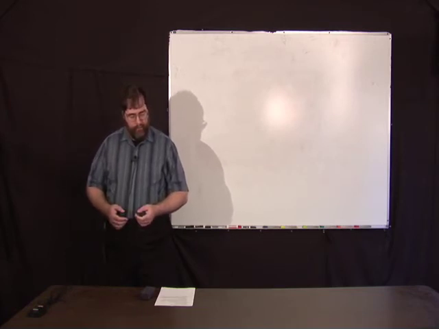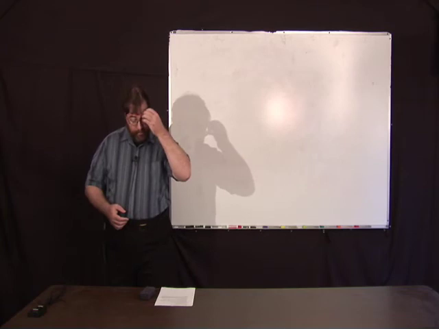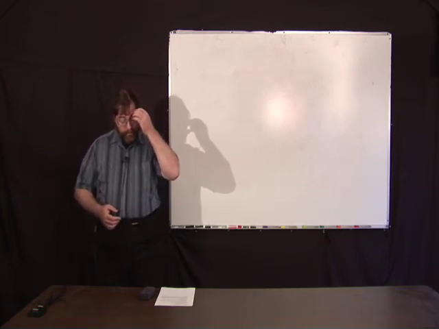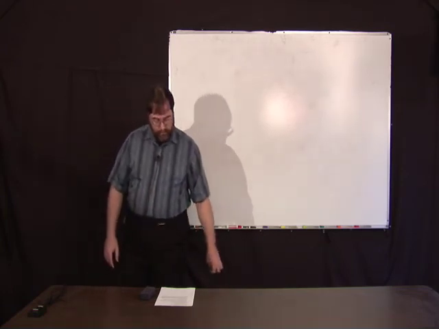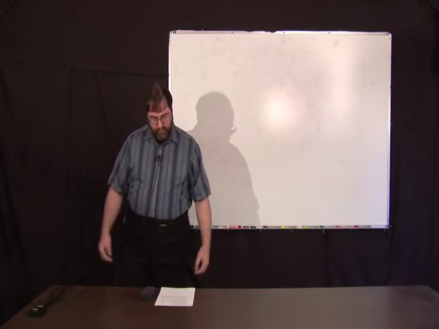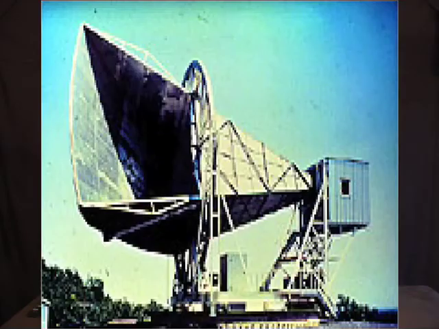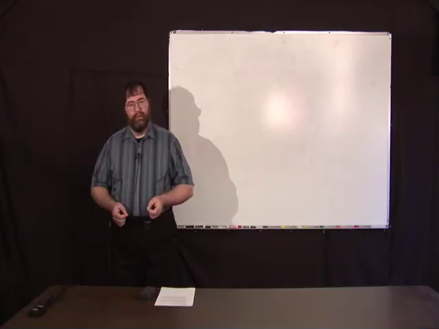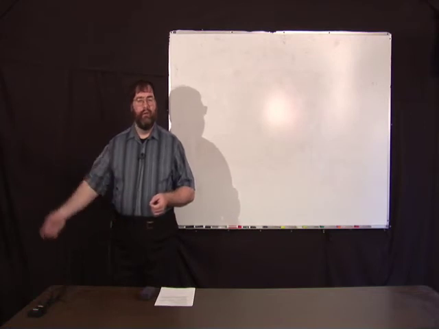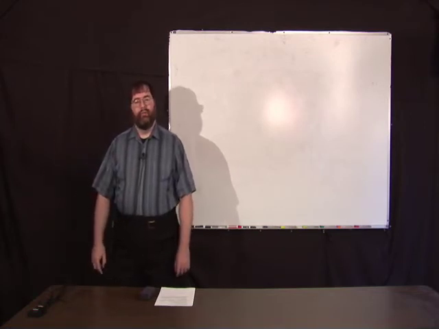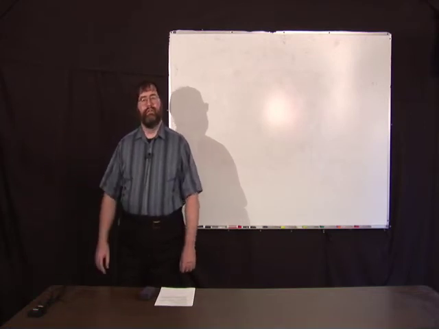Well, back in about the same time, actually quite a bit later, Bell Labs built this antenna in Holmdel, New Jersey for communications purposes. They were going to attempt to do long-range communication by bouncing microwaves off balloons to get long-distance communication.